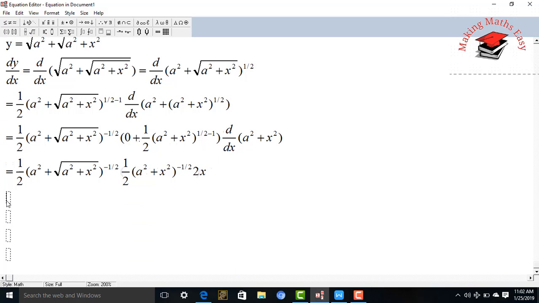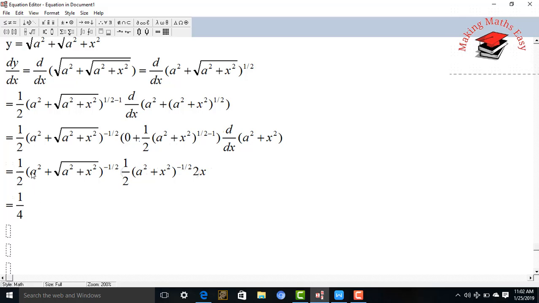We also need to simplify this answer. For simplifying this answer, it will be 1 divided by 4, and here it is minus 1 by 2, meaning a square negative root, so it will go in the denominator.